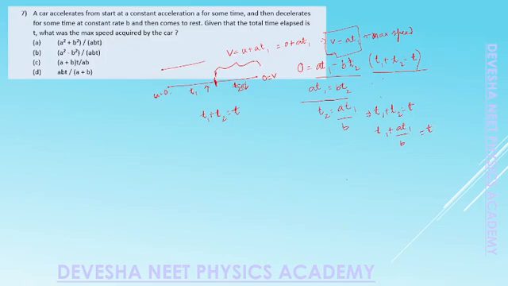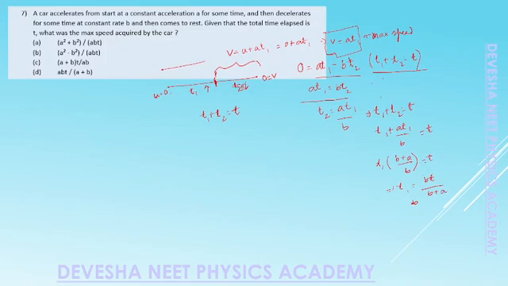If we solve this, this becomes t1 times (b plus a) by b is equal to t. It means t1 is equal to b t by (b plus a).